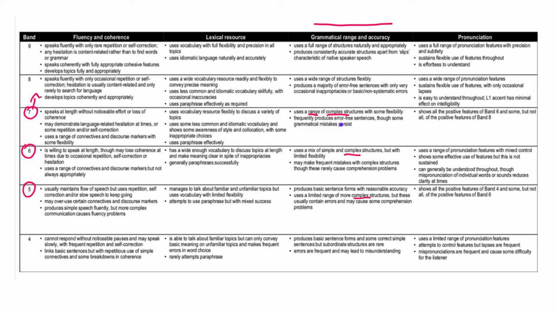So this means that most of your sentences are correct, but there are some grammar mistakes. But if you want to score 7 or above, which many of you do, I'm sure, you need to use a range of complex sentences, and that is what we're going to help you with in this lesson.